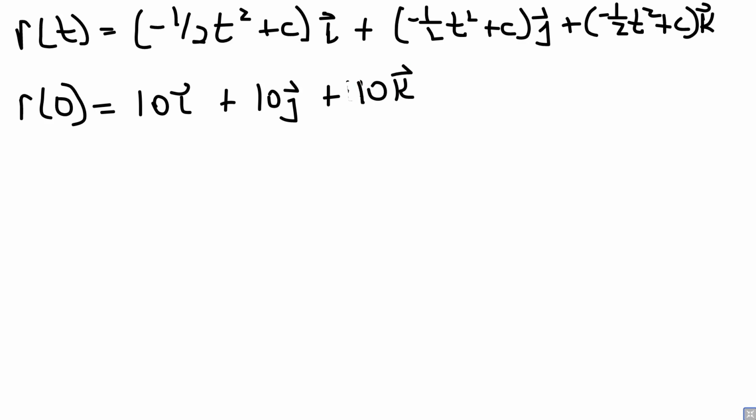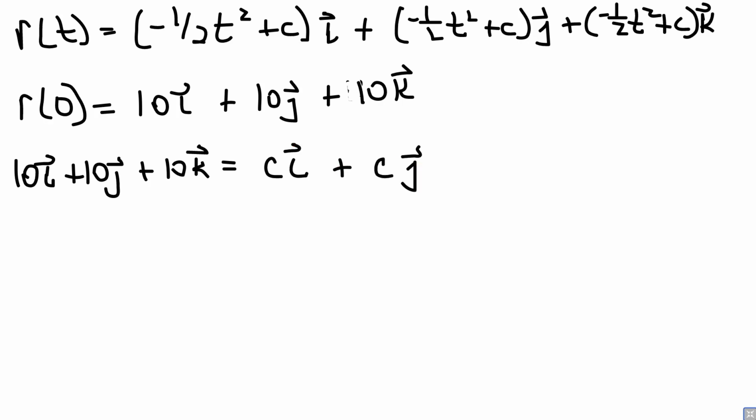Okay, so in place of r sub 0, we're going to put this expression in. And everywhere there's a t on the other side, we're going to put in 0. So we're going to end up with c in the I direction plus c in the j direction plus c in the k direction. Now, in the case of this, all the c's are going to be equal to what? They're all equal to 10.